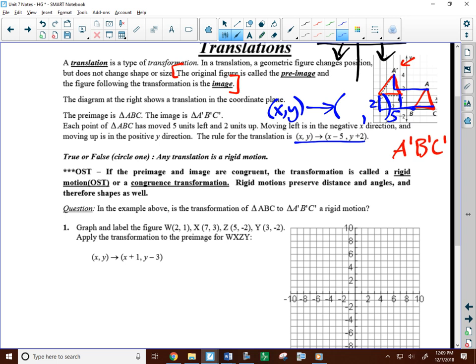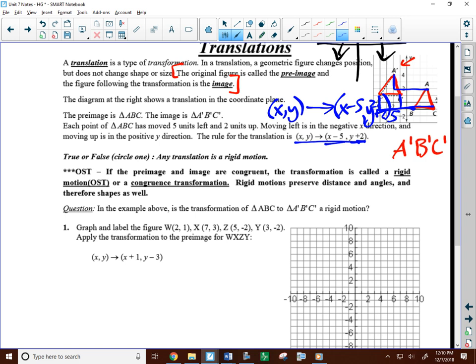Just like with slope-intercept form, you have an x and a y in there, so I'm still going to have an x and a y. And then you're doing some type of rule to all of your points. On translation, this one's pretty easy. You just say, all right, I'm going left 5. Left is negative on the graph. And so it's going to be x minus 5, since in every point you go left 5 on the x-coordinate. And then for the y, we went up 2, so that's plus 2.